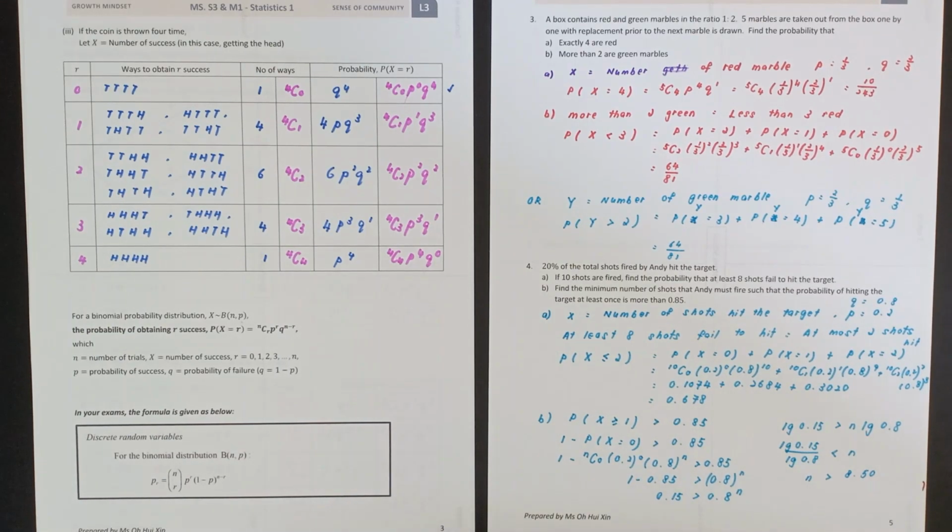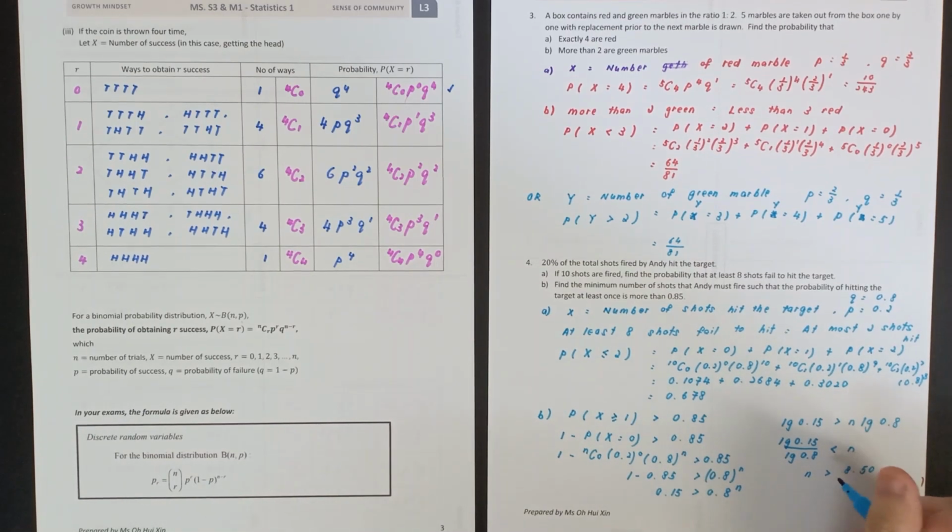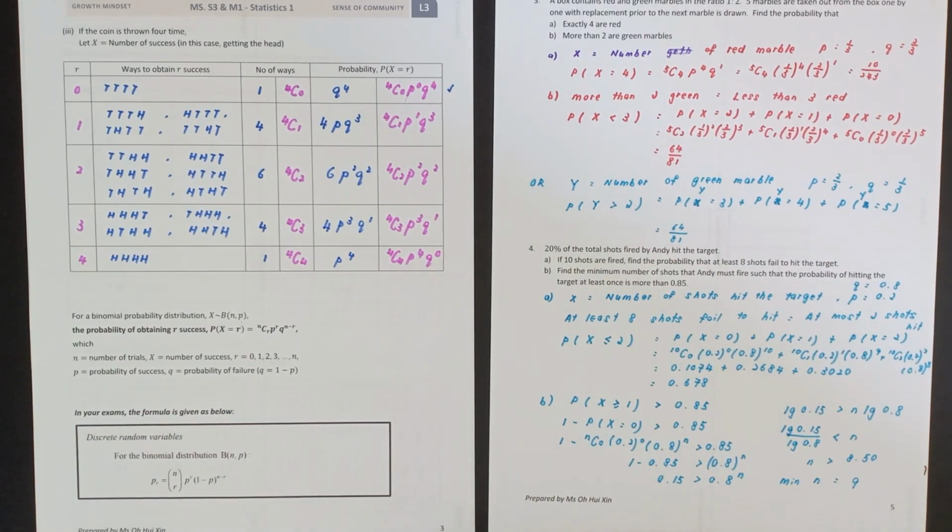Okay, so we cannot say that he takes 8.5 shots. The minimum number of shots that he must take is 9, because it must be more than 8.5. That's why the minimum n is 9. So basically he needs to shoot at least 9 times so that the probability of hitting the target at least once is more than 0.85.